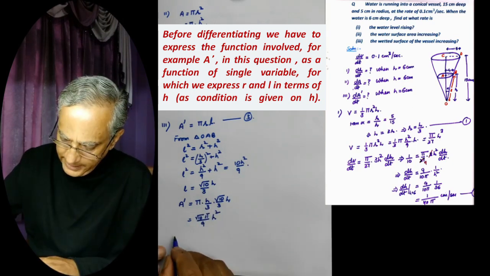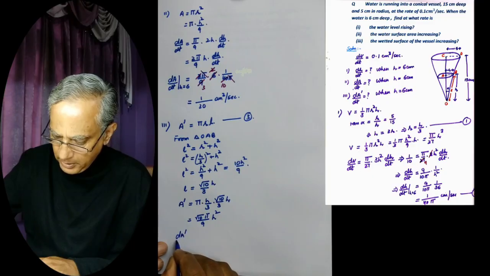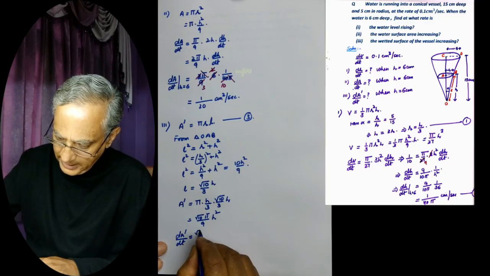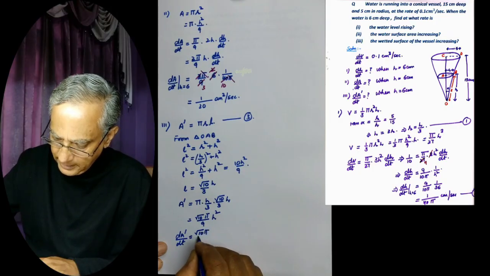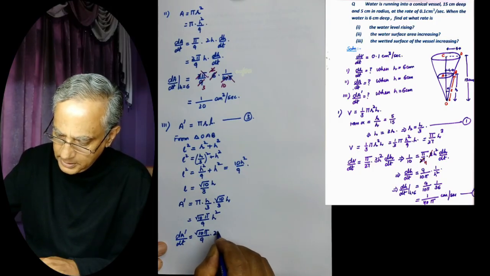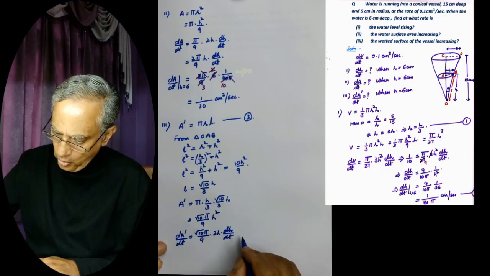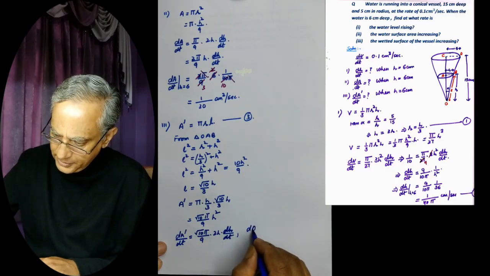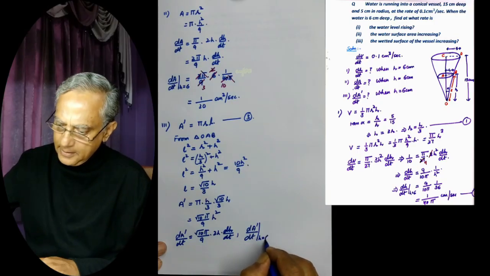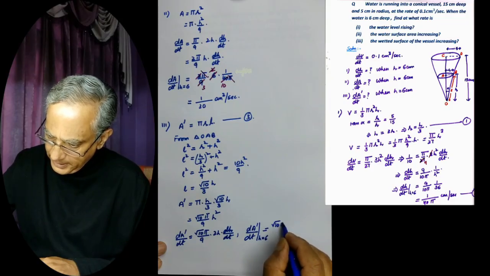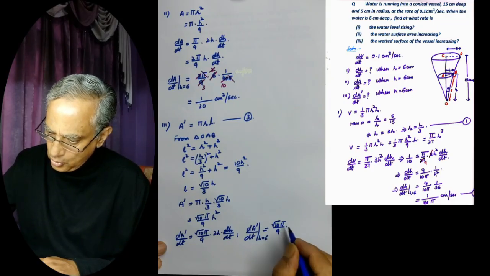We have to find dA dash by dt. So this is equal to under root 10 pi by 9 into 2h dH by dt, and therefore dA dash by dt at h equal to 6 is under root 10 pi by 9 into 2 into h is 6.